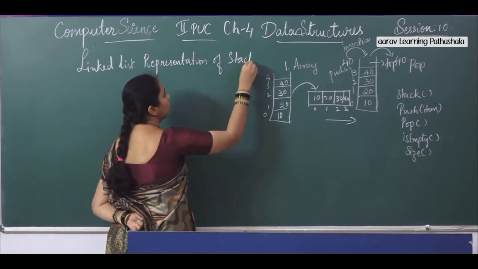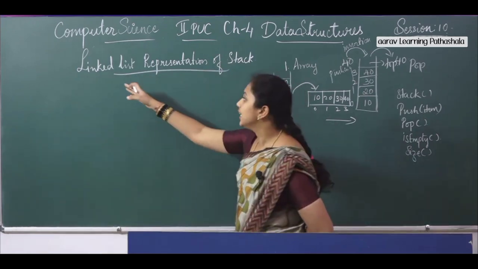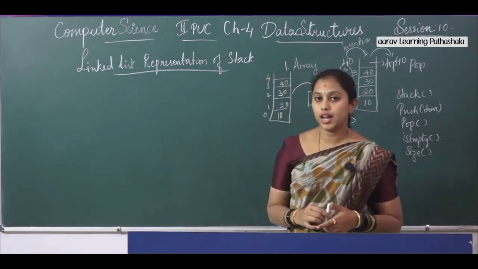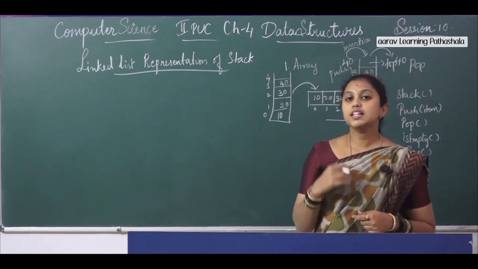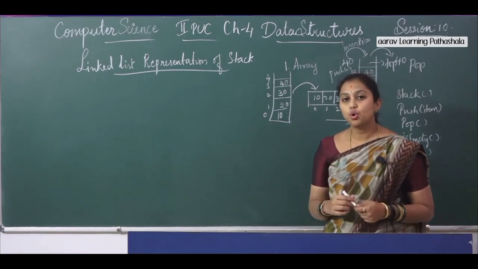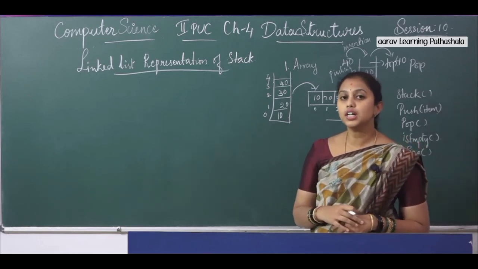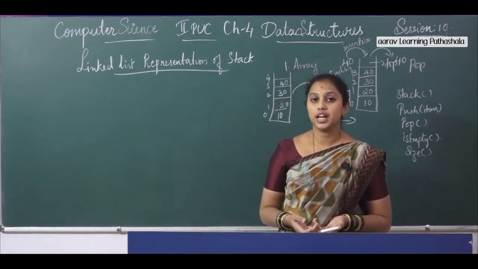Why we need to represent stack in this linked list data structure? Because sometimes in a program the stack may be required to increase its size to store the items, that is during the execution of the program, that is in the form of dynamic creation.